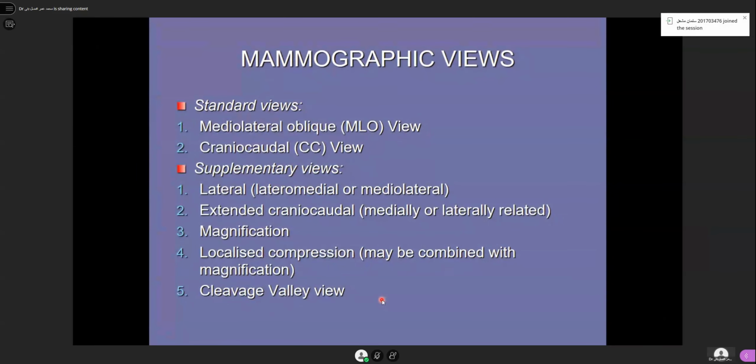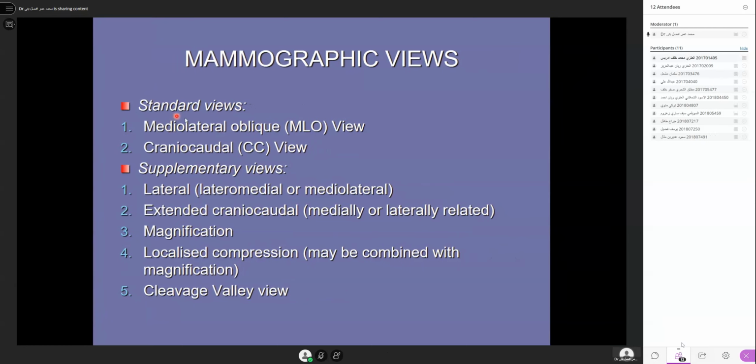Now, because it is X-ray, we will talk about the mammographic views. Just like for the chest we take the posterior anterior chest X-ray as a standard projection, likewise in mammography we perform two standard views.